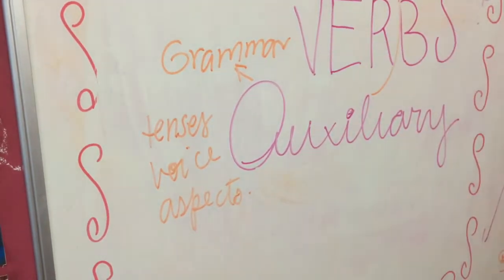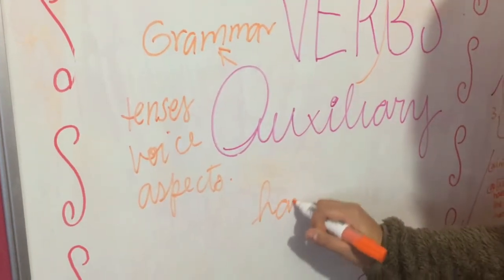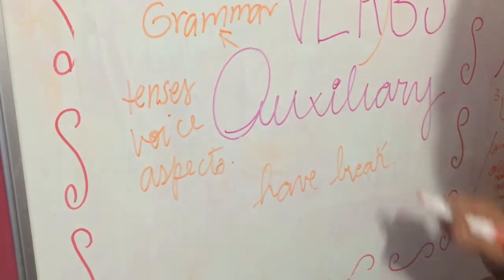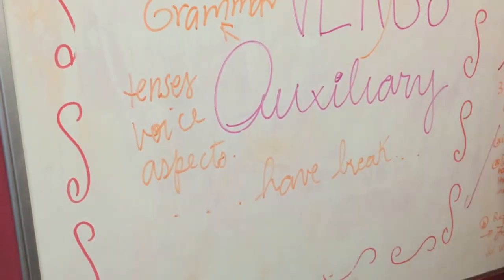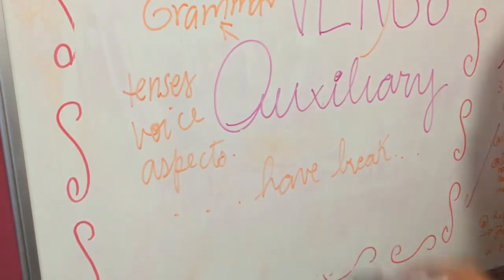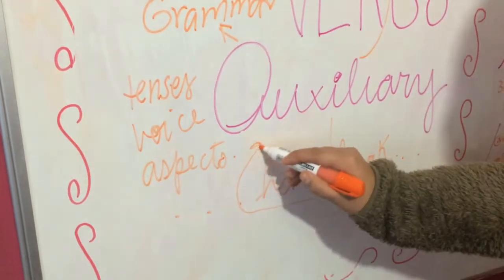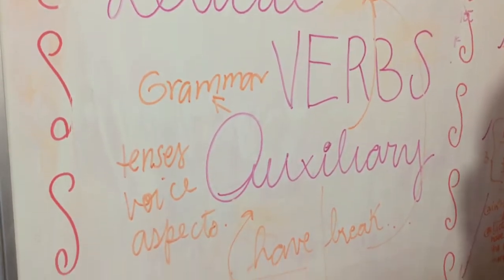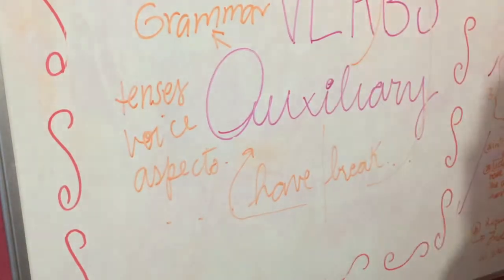For example, if I say "have broken," we can see here that I have a couple of verbs, have and break. Have is the auxiliary and break is the lexical one. Have is talking about present perfect and break is the lexical verb.